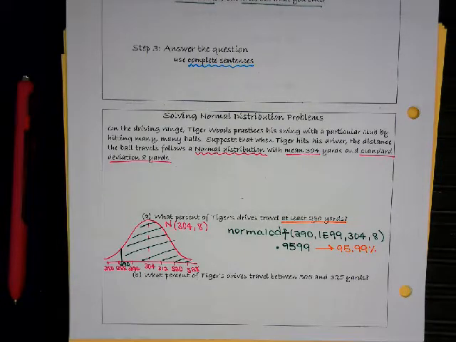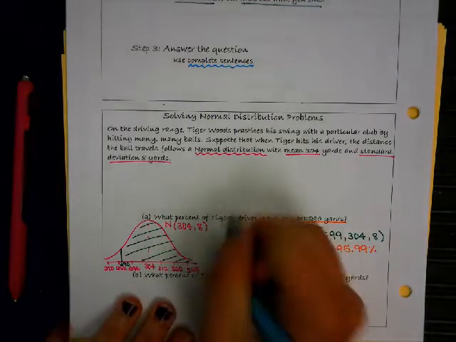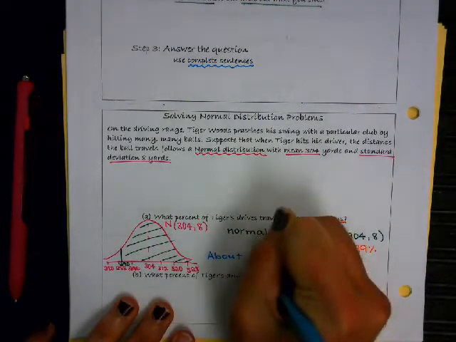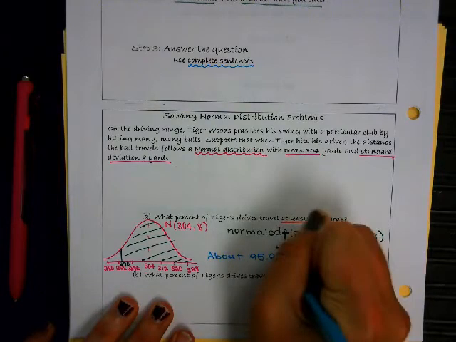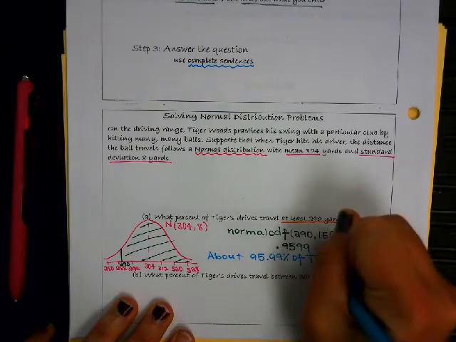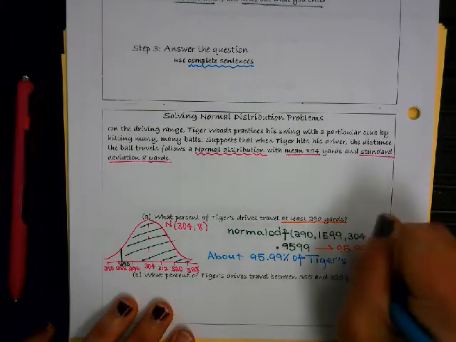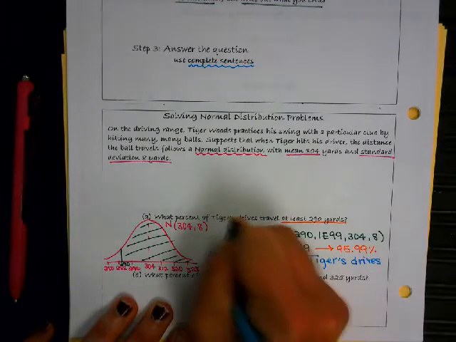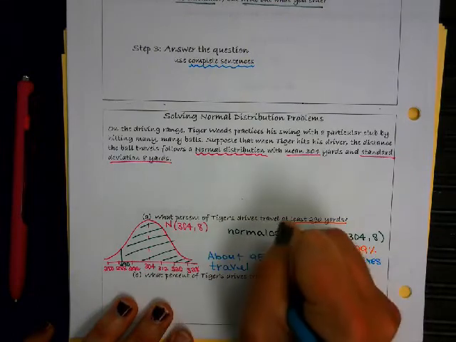All right, and then the last thing is to write it in a complete sentence. I've said this before, I suck at English, so you may do it better than me, but I'm going to give you an example sentence. So I'm going to say about 95.99% of Tiger's drives travel 290 yards or more.